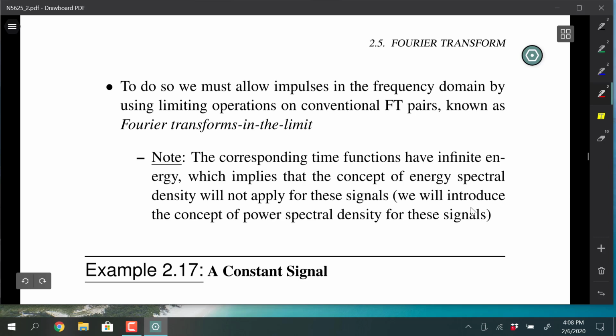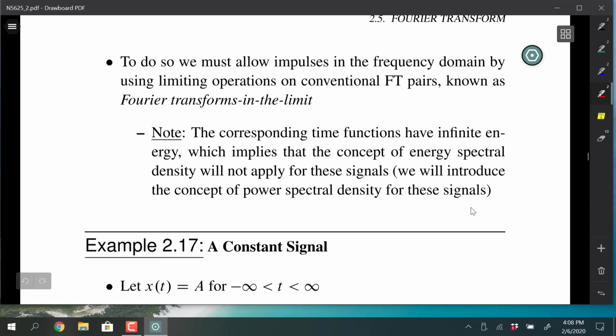So the first step is to allow impulses in the frequency domain. Allow those delta functions that are somewhat nebulous, allow them to be an idealization of an impulse in frequency.